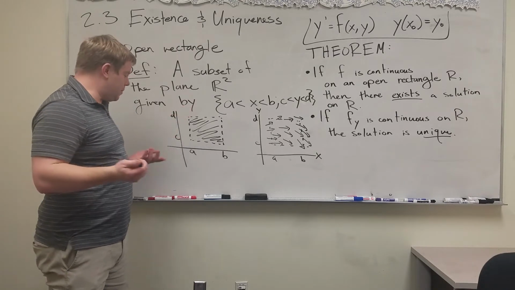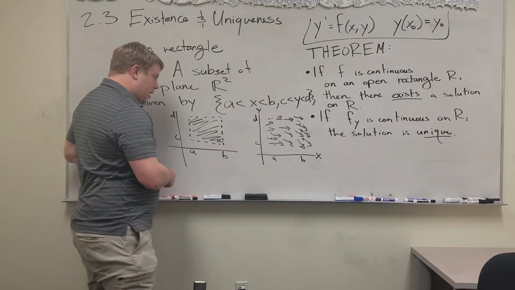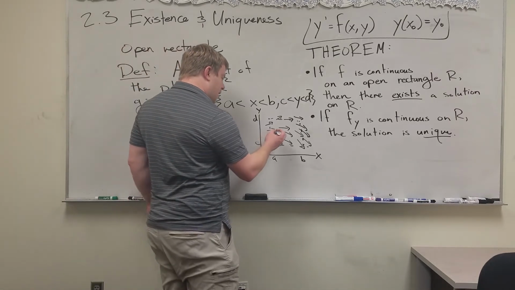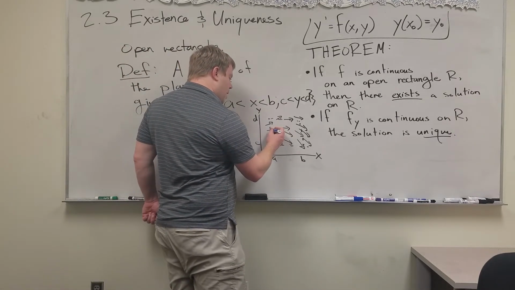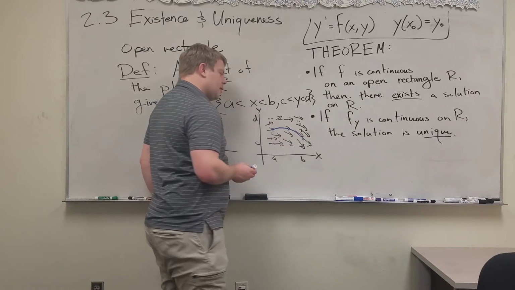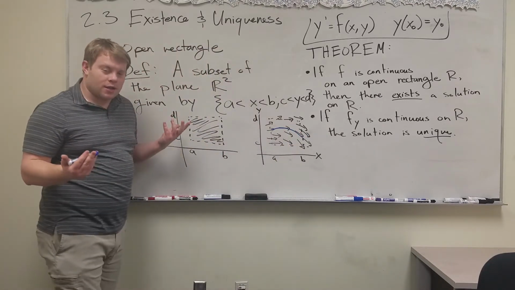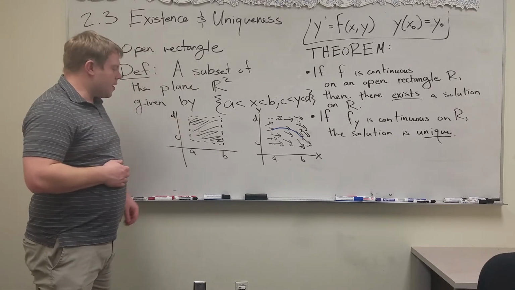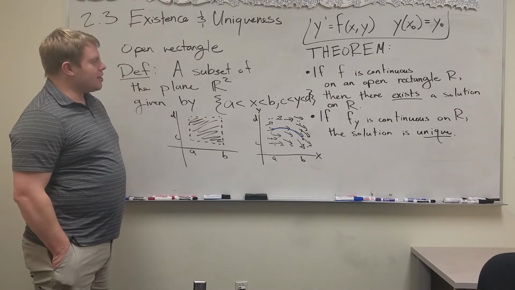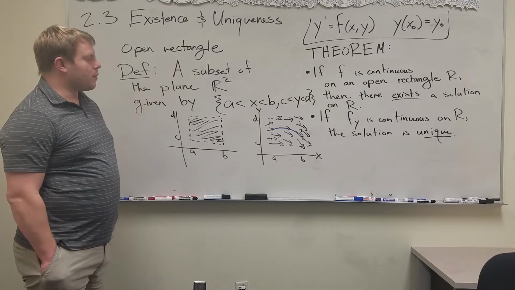And of course I should, because if nothing crazy is happening to the arrows, then there should be a straightforward way to just trace these arrows, draw a solution that just follows the slopes of the arrows. So that is what the first part says.